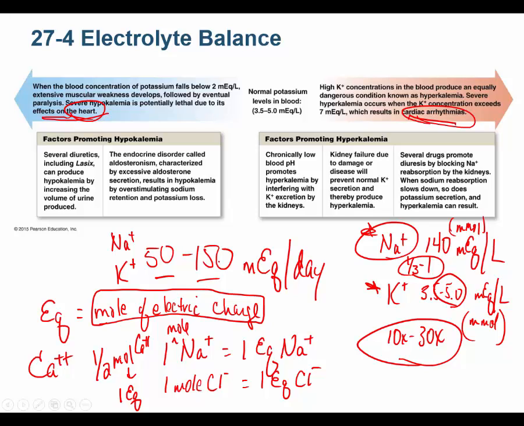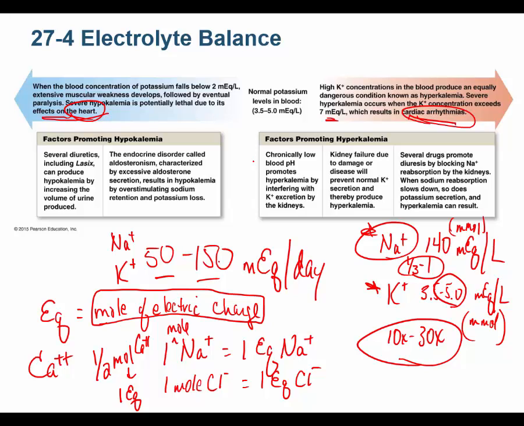So I hope you see that. It's chemistry, and it's biology too, obviously, because we're talking about equivalents. And by the way, a milliequivalent is just 1/1000th of an equivalent. That's all. It's not anything fancy.